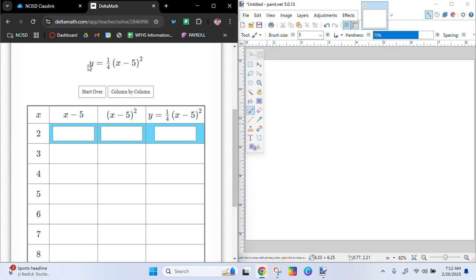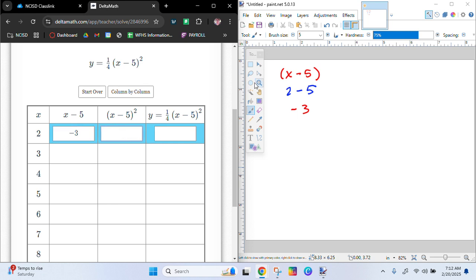So usually if I was solving this equation, x minus 5 is where I'd start because it's in parentheses. That's what they gave me. So that's the first thing I'm going to solve, where x is 2. So 2 minus 5 gives us negative 3. Okay? So here, that's negative 3.